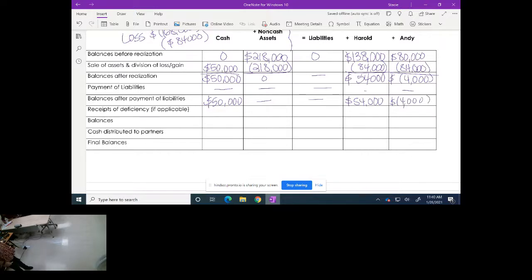Okay, receipt of deficiency. Well, he can't pay. So we're not gonna put anything in cash. But we do have to zero it out, right? So we're gonna move his negative amount over to Harold. And those two will wash each other out.